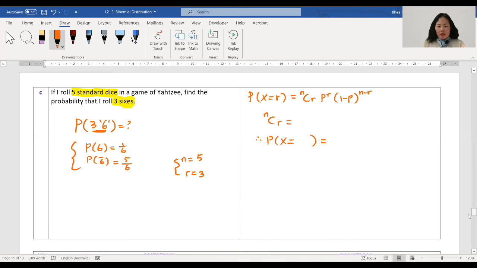I want 3 sixes, so 5 choose 3. I mean, for this one, you don't really need to do it in separate steps; you can do it all in one go. Success is 1/6, to the power of 3 here. And the failure is 5 over 6, and the power is 5 take away 3, which is 2.